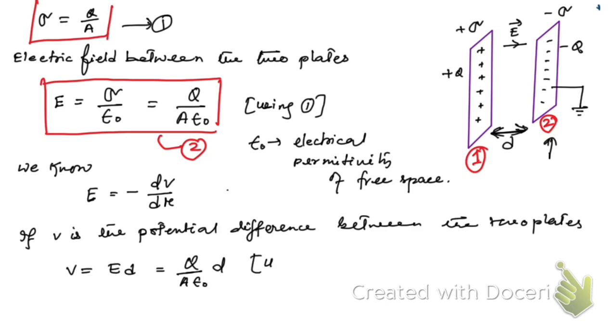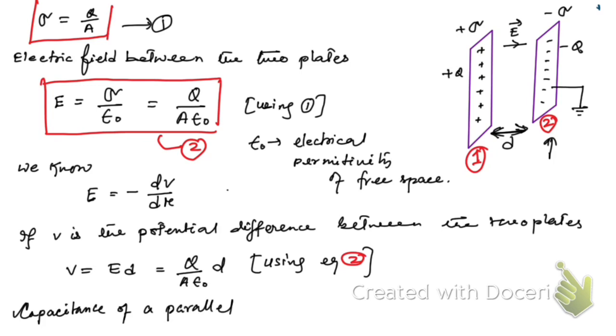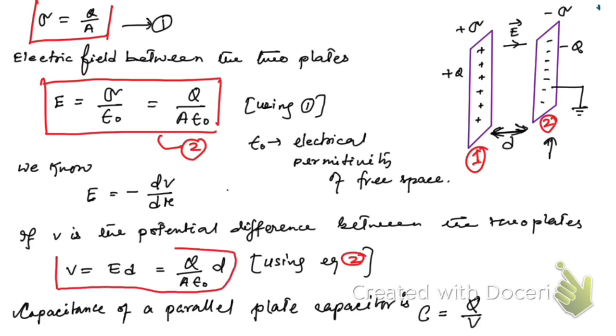Now, we know that the capacitance of a parallel plate capacitor, according to the definition, is C is equal to Q by V. Let us take this as equation number 3.